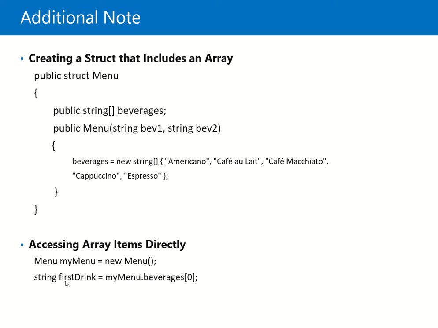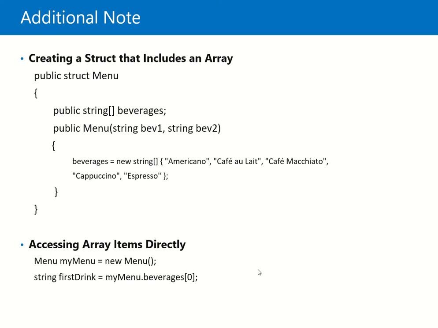So the variable first string stores the value Americano. You can create another one called second string, for example, equal to my menu dot beverages 1. Beverages 1 is cafe au lait, so you can assign it into another variable. That is how you access the array items directly.